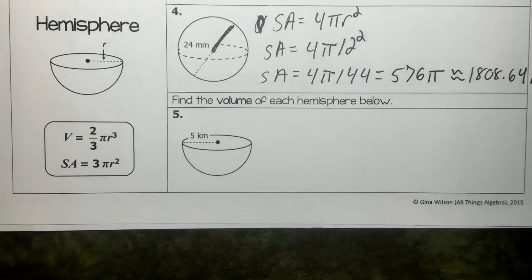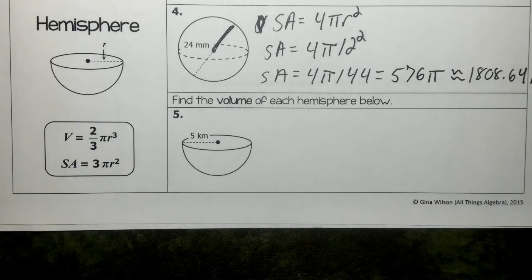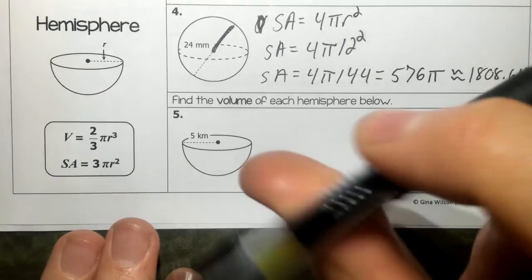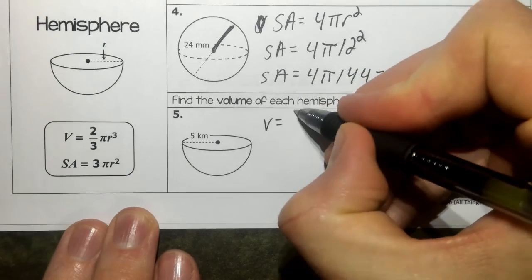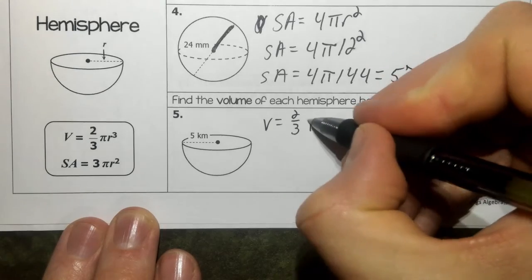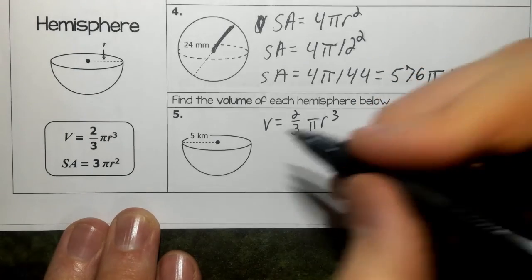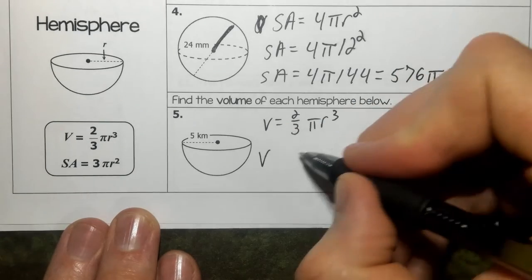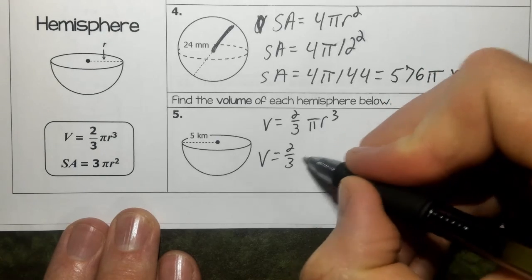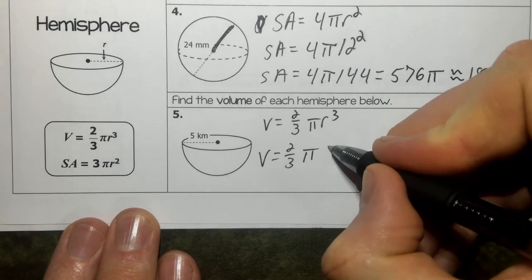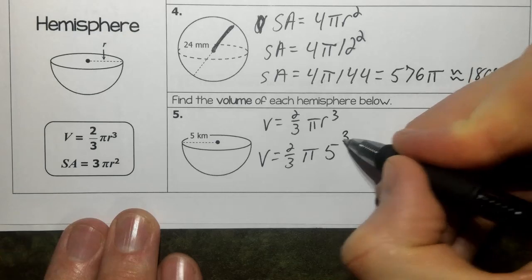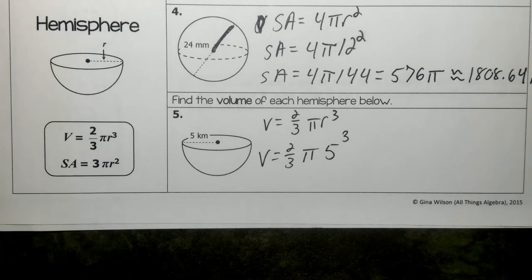It's exactly half of the other formula. So I can plug in V equals 2/3 pi r cubed. The radius is 5, so 2/3 times pi times 5 cubed. 5 cubed is 125.